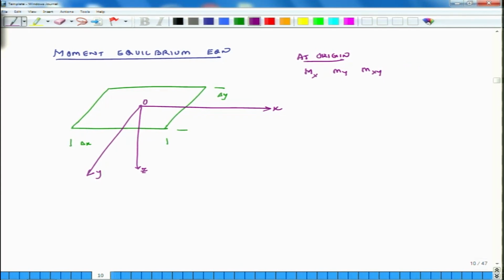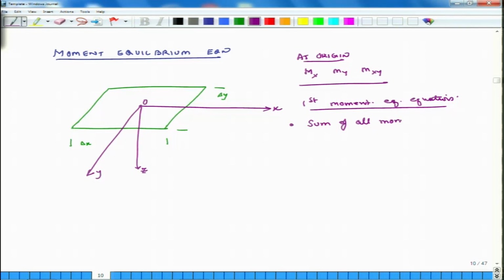The first thing we will do is, there are three equations we have to generate. So, first the moment equilibrium equation, and this will be the sum of all moments.